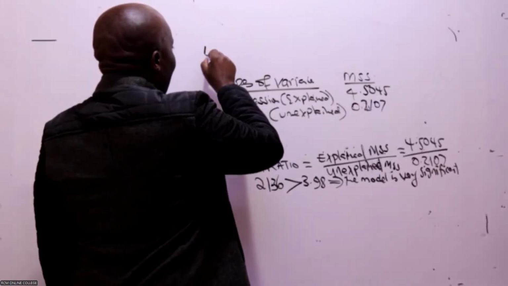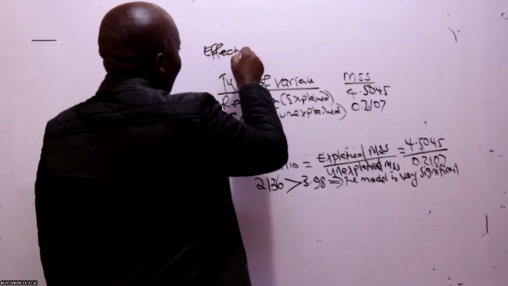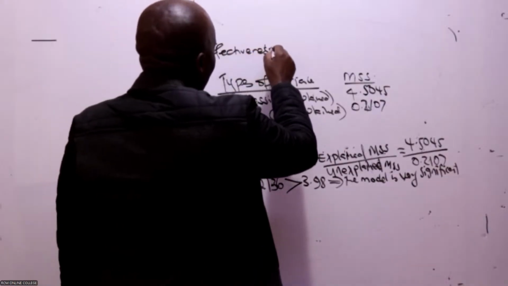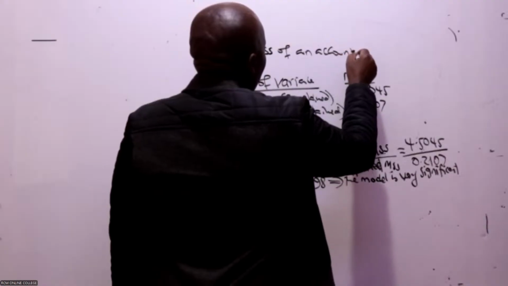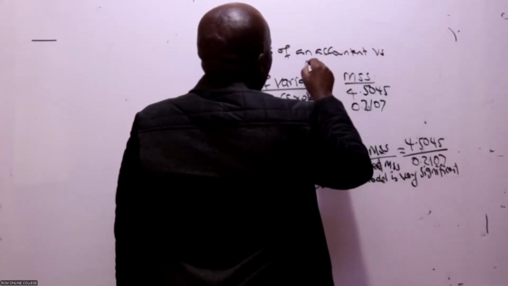For example, effectiveness of an accountant versus the size of the toe.